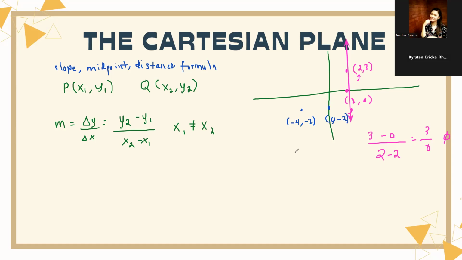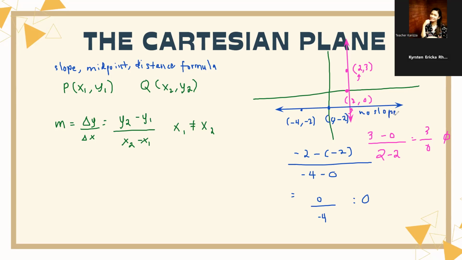So formula, we have y over x, -2 minus -2 over -4 minus 0, we have 0 over -4 equals 0. In other words, zero slope. So a zero slope line is a flat line or a horizontal line. Okay? So yeah, sometimes referred to din siya as no slope kapag 100% horizontal.